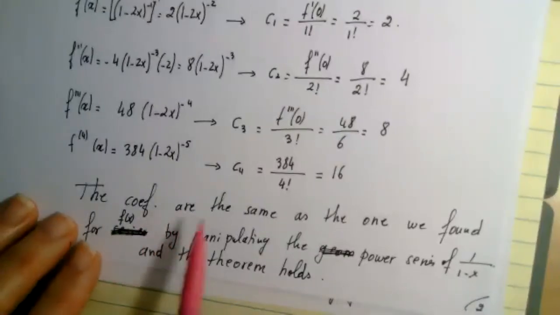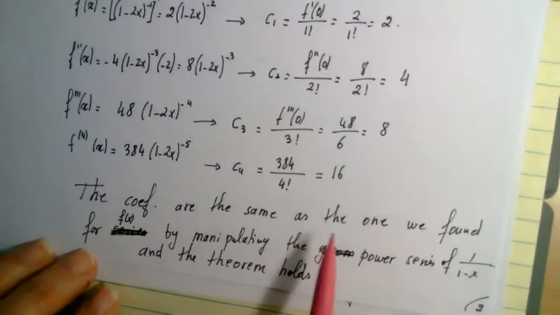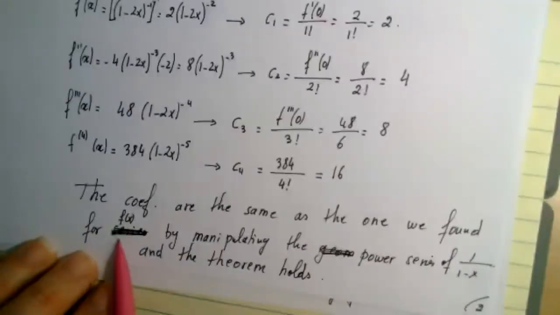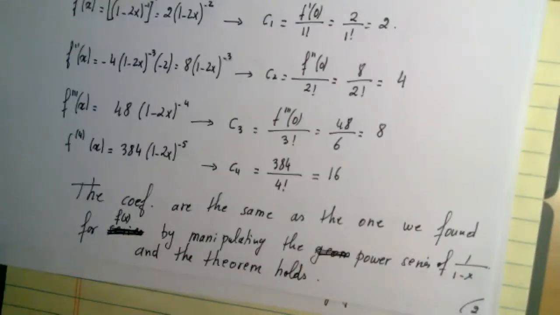So what this really tells me is that the coefficients are the same as the ones we found for f of x by manipulating the power series of 1 over 1 minus x. It means my theorem actually holds.